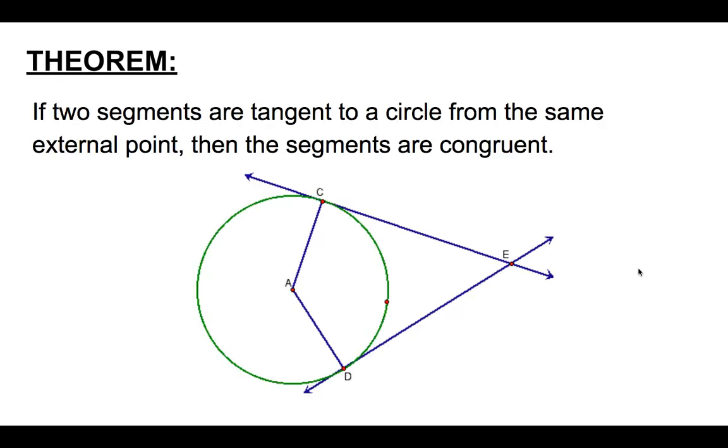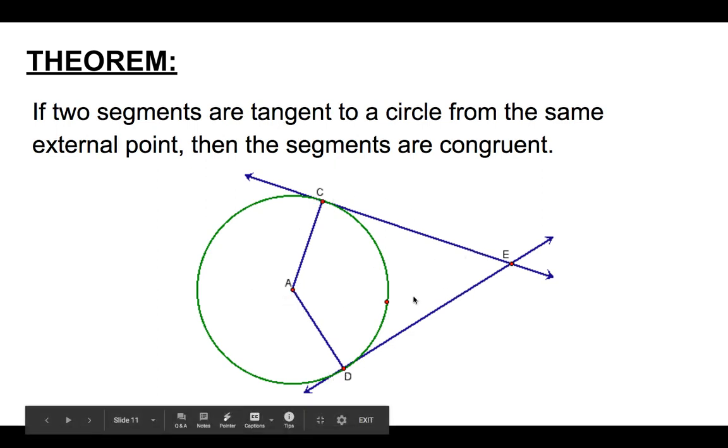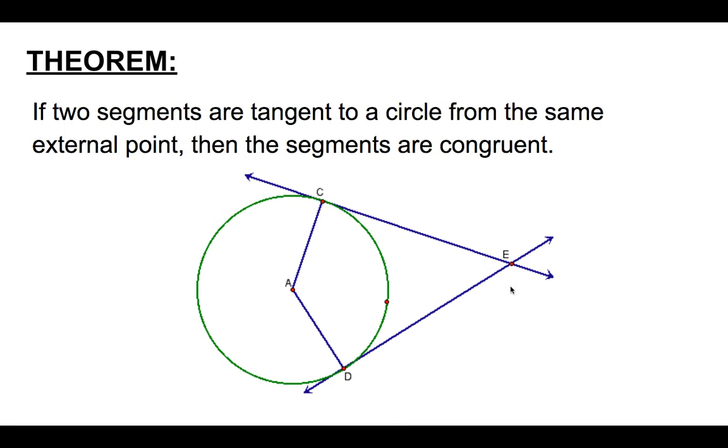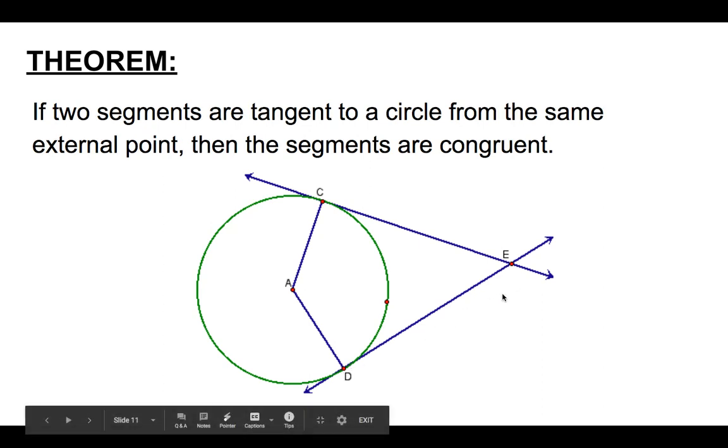If two segments are tangent to a circle from the same external point, then the segments are congruent. What that is saying is we have this point E here, and line CE is tangent to the circle at C, and line DE is tangent to the circle at D. So the length of CE is going to be congruent to the length of DE.